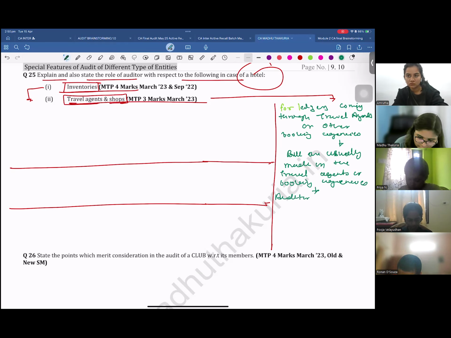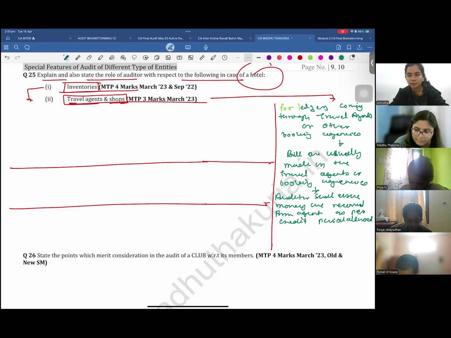Auditor shall ensure money is recovered from the agent as per the credit period allowed.